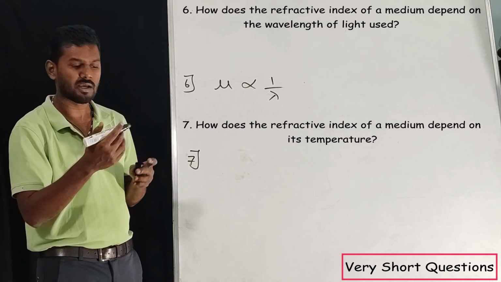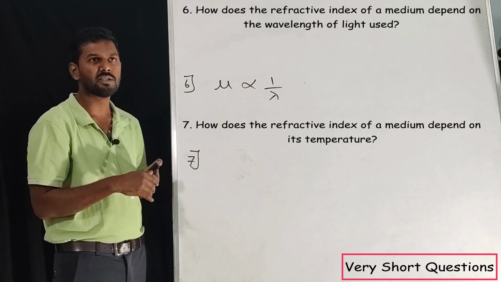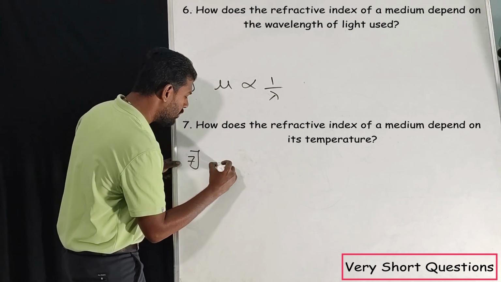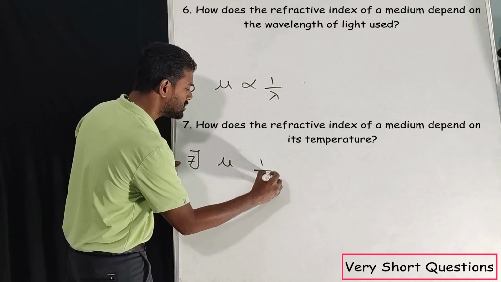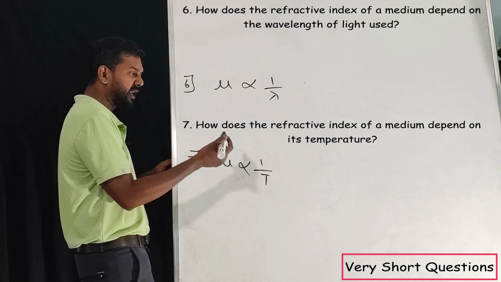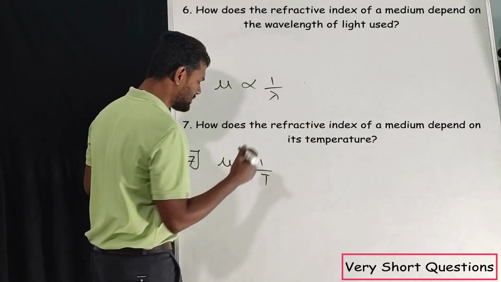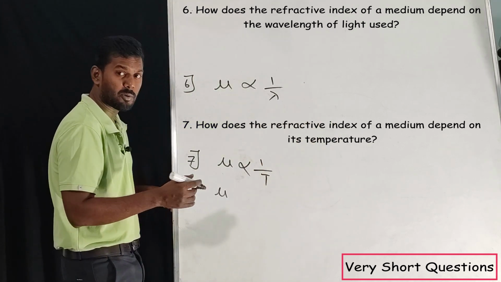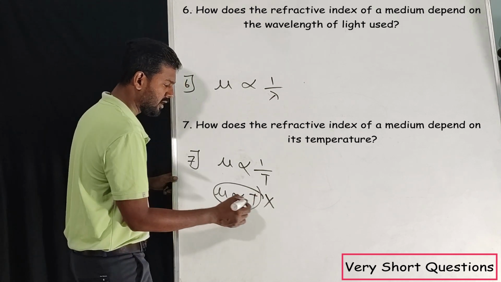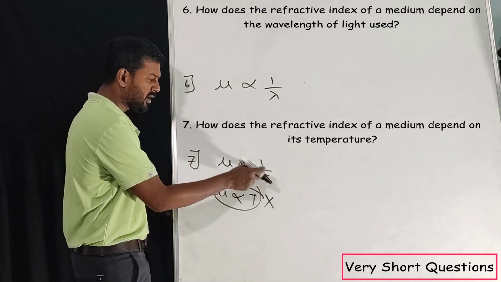Then one more question. How is refractive index related to temperature? How will it depend upon the temperature? Both are the same. So again, both are inversely proportional. So this is how you write inversely proportional. If it were directly proportional, just for explanation I am writing, we would write it like this. But this is not correct, because for this question these two are inversely proportional.